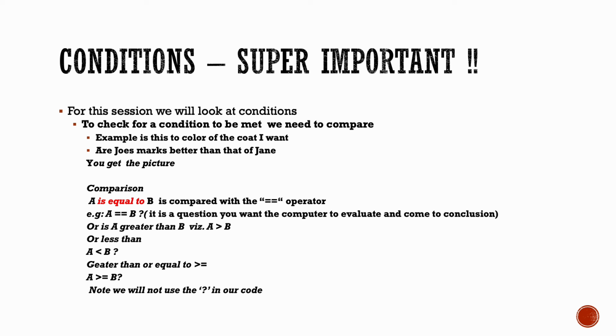Or if you are doing better than B, then you are on the top of the leaderboard. If you're doing less than, then somebody else is. Or it can be that you're greater than or equal to somebody else.